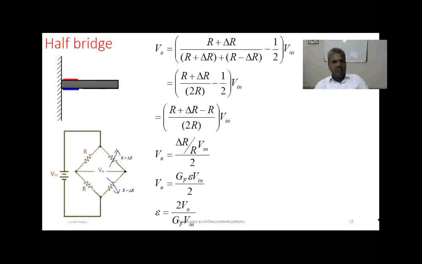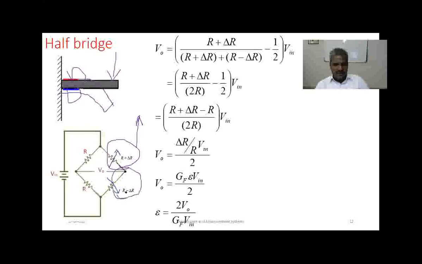Similarly, for the half bridge, we can bond one strain gauge on the top and another strain gauge on the bottom. When we apply force here, the top strain gauge is subjected to tension because the cantilever beam bends like this, and the bottom strain gauge is subjected to compression.